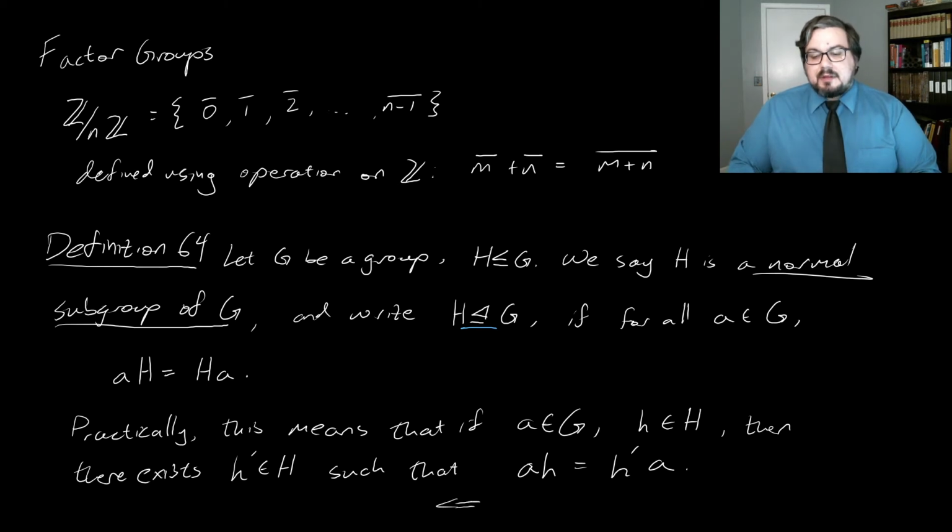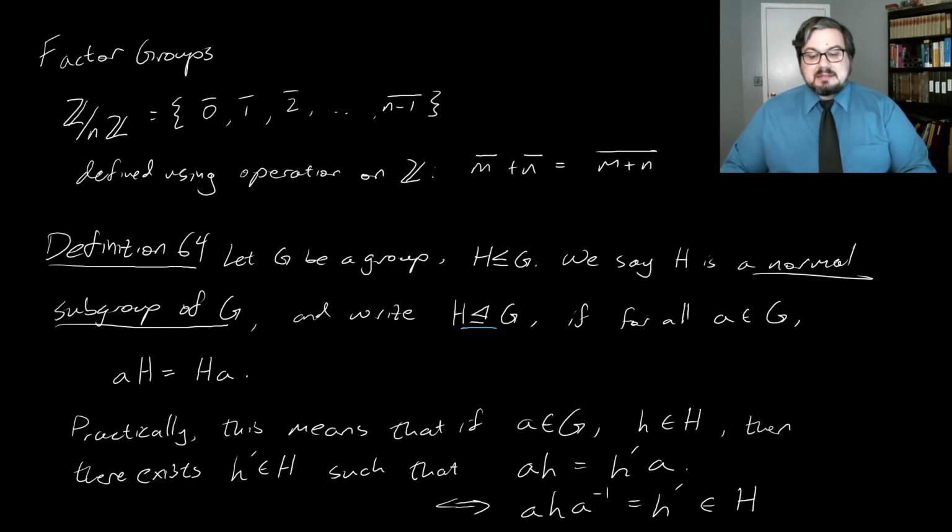Notice that if we take AH equals H prime A and we multiply on the right by A inverse, then we get the equation AHA inverse is equal to H prime. And the only thing that we know about H prime is that it has to belong to H. This is what we're going to use, the idea that AHA inverse belongs to H for any element A in G and any little h in the subgroup H.